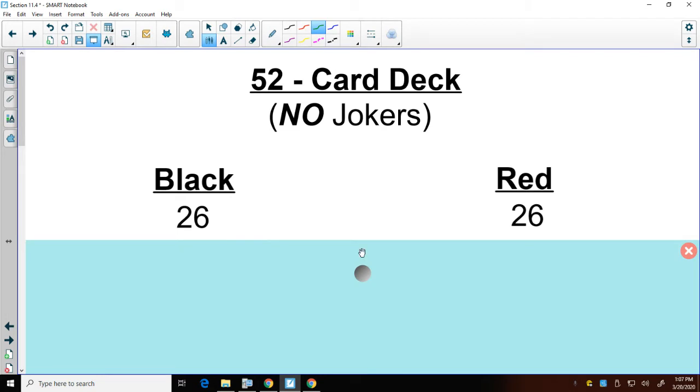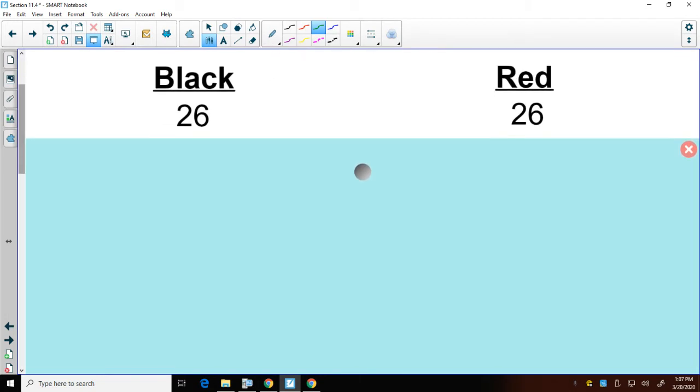Now, within these black and red cards, we break them down even further into suits. Suits are representative of a different type of card that they could be. Those of you that know cards already know the answer to this. Those of you that don't, in black cards and in red cards, there are 4 suits.